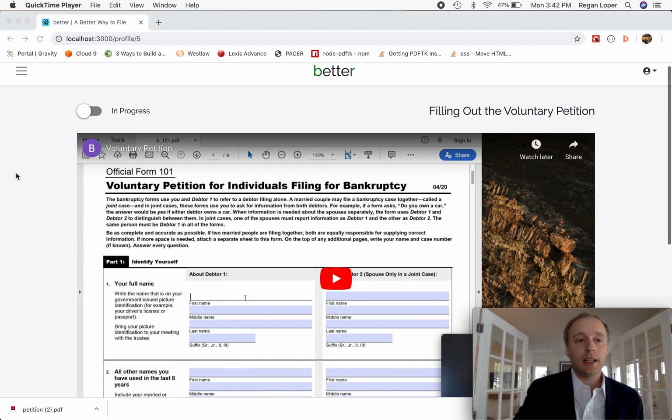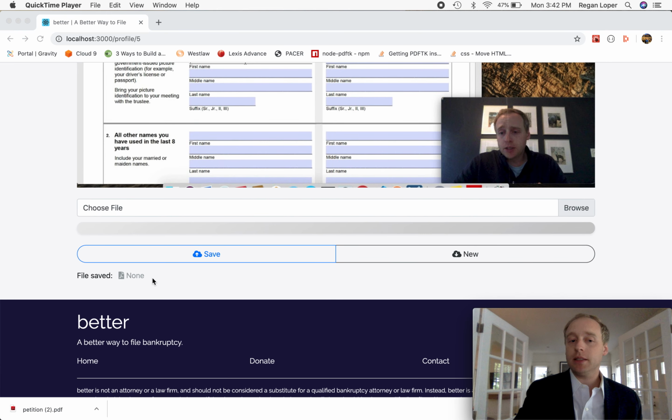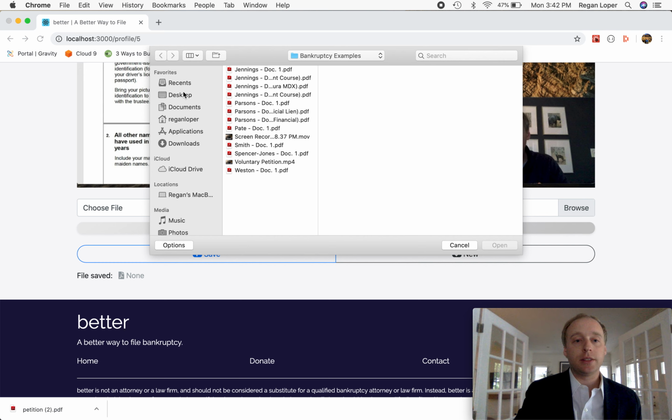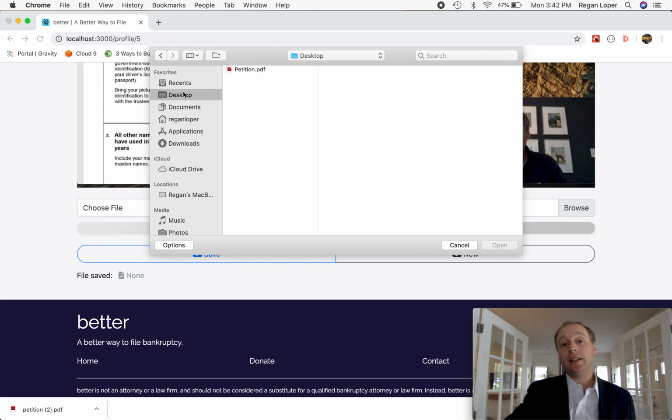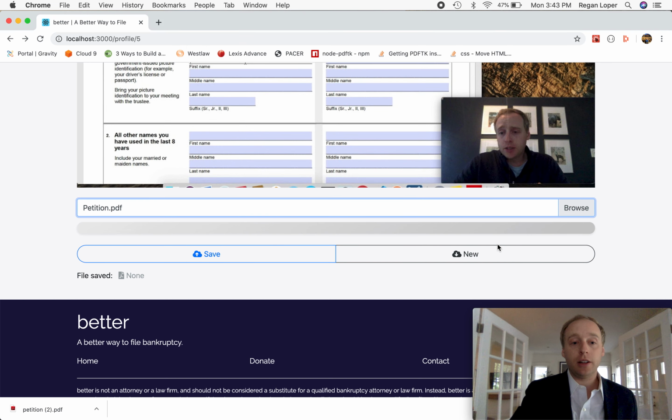In this case, you'll see that there hasn't been a file saved yet by Ashley, okay? So what I'm going to do is I'm going to click this Browse button. That's going to take me to all my files. I saved this file in the desktop, and so I'll select Petition and hit Enter. That's going to put the file in this box and make it ready to save.